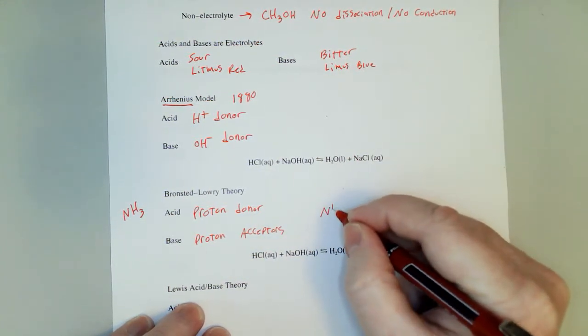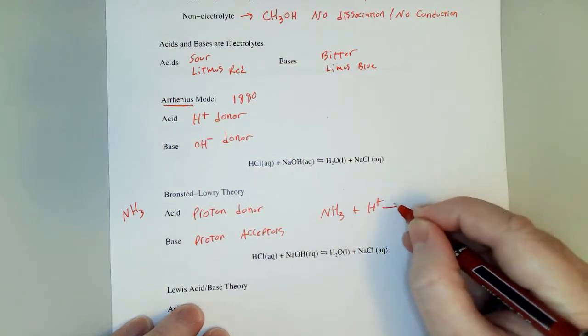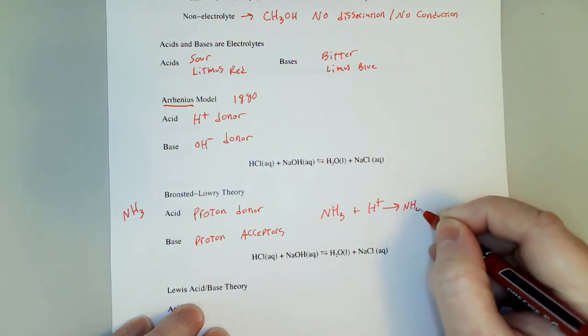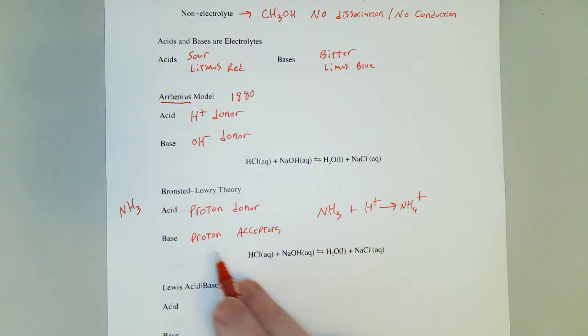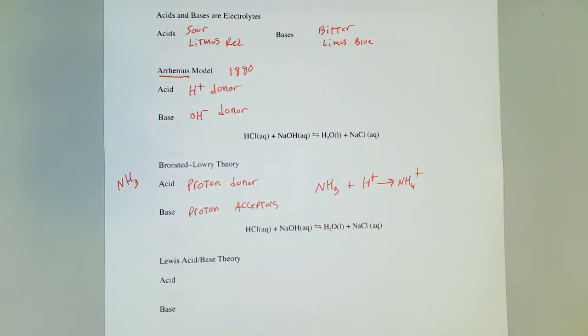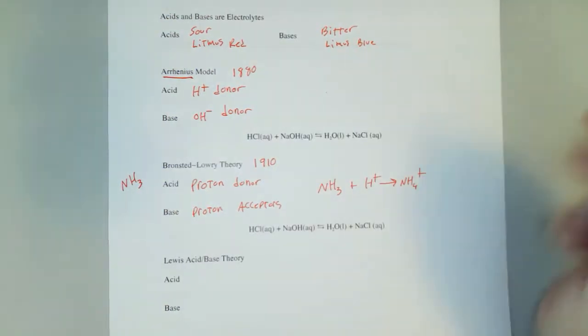So NH3 can accept an H+ and become NH4+. Now, this reaction is a nice illustration for Bronsted-Lowry theory. It was about 1900, 1910, somewhere in that range.